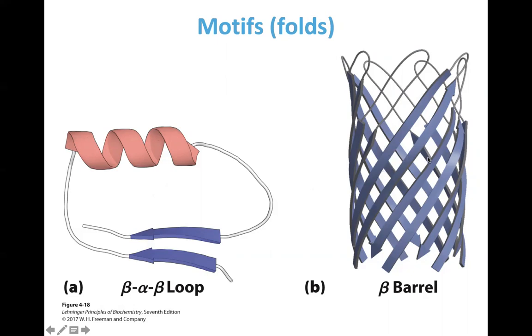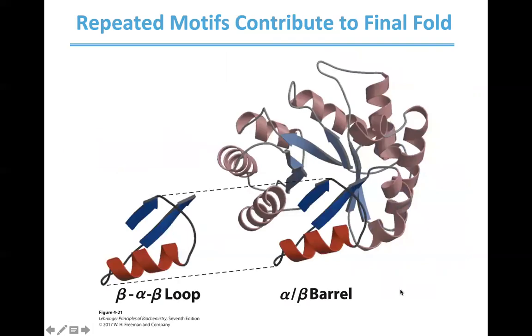You can see here, this goes in this direction, this goes in that direction. So this is an anti-parallel beta conformation motif, and it is highly likely to generate this beta barrel.